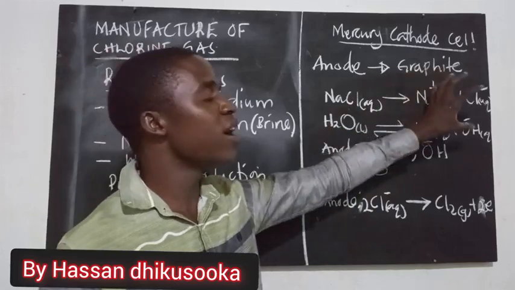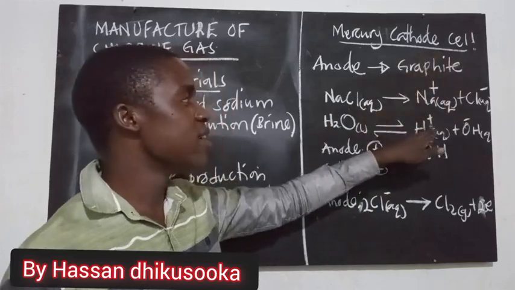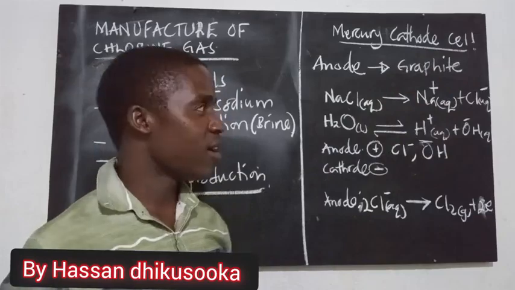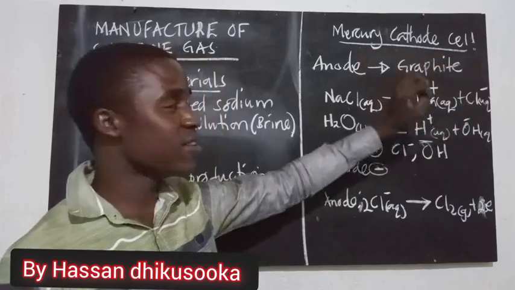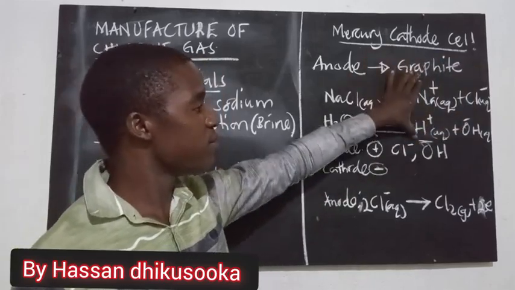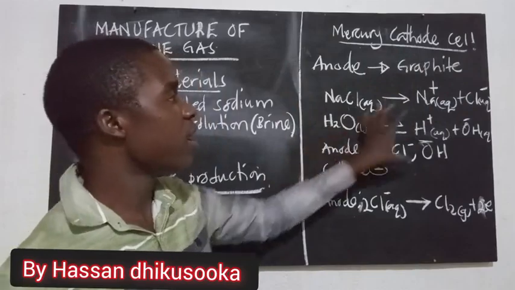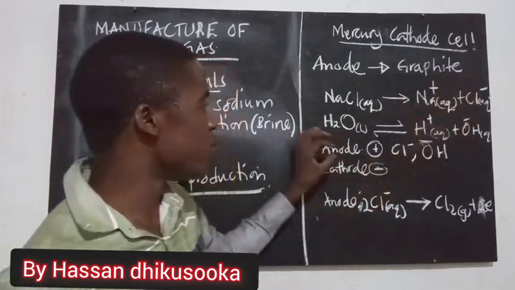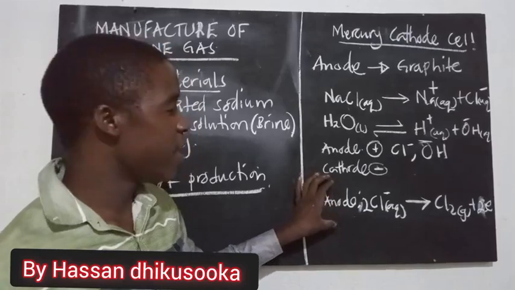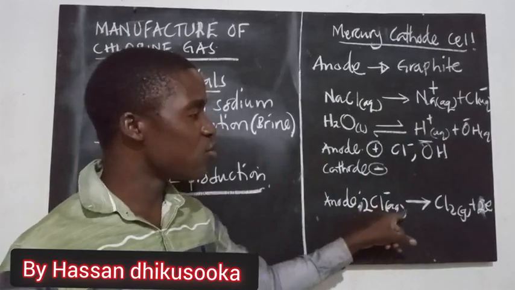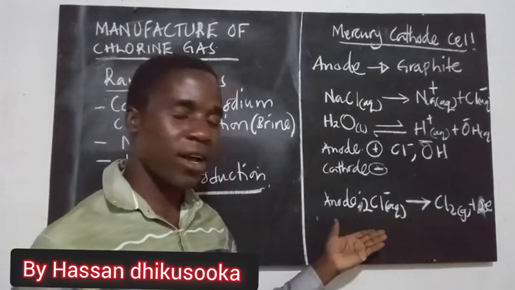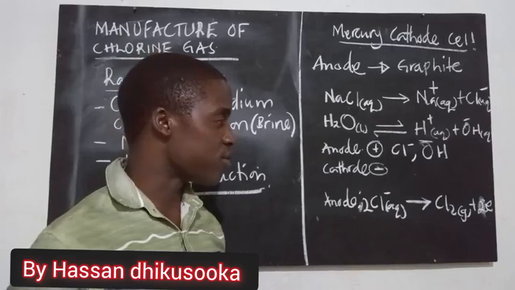Sodium ions and chloride ions are more concentrated than hydrogen ions and hydroxide ions. Therefore, they are preferably taken for discharge. However, all the positively charged ions will migrate to the cathode and all the negatively charged ions will migrate to the anode. But at the end of it all, the ion which is more concentrated than the other is the one which is going to be discharged, just like we had. So that has been the manufacture of chlorine gas.